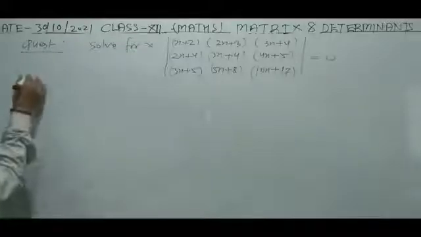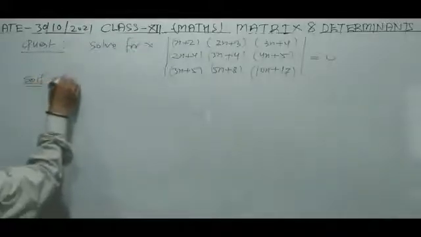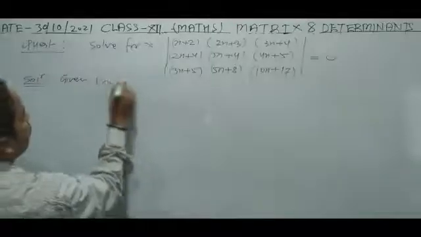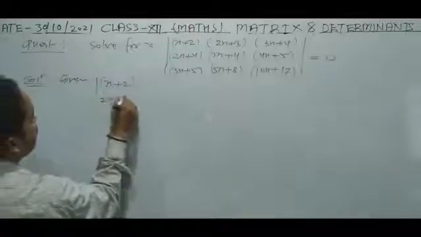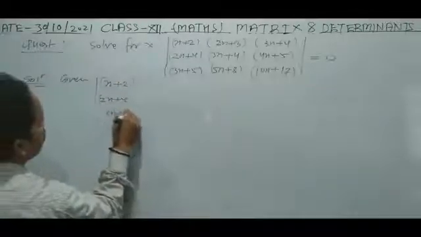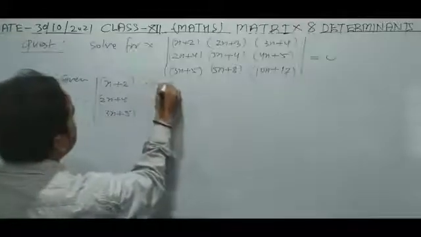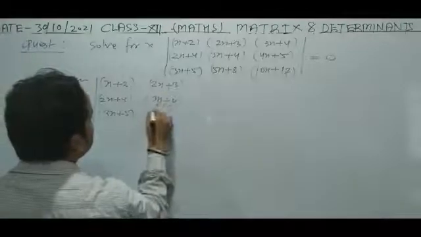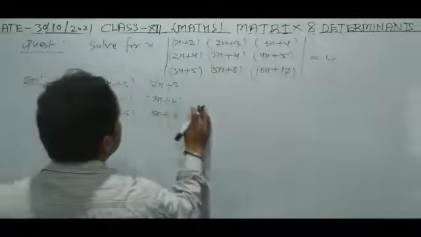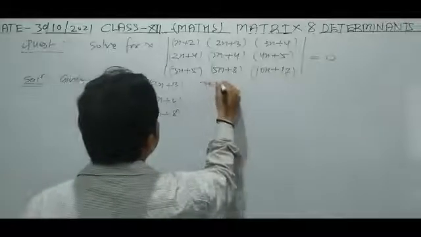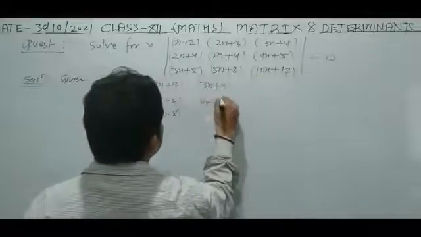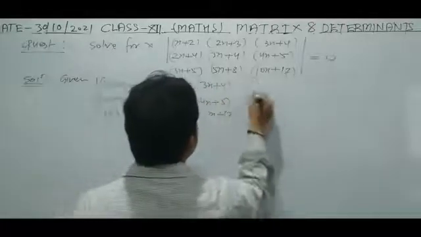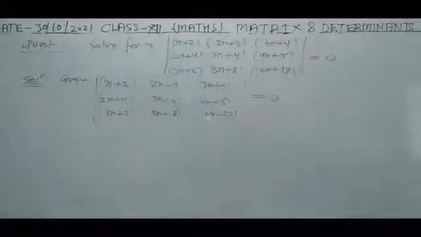Given determinant x plus 2, 2x plus 4, 3x plus 5, 2x plus 3, 3x plus 4 and 5x plus 8, and next 3x plus 4, 4x plus 5, 10x plus 17 is equal to 0. This is our question.